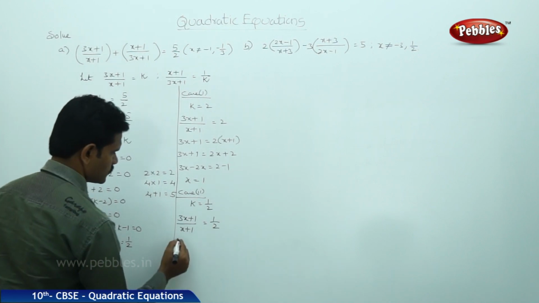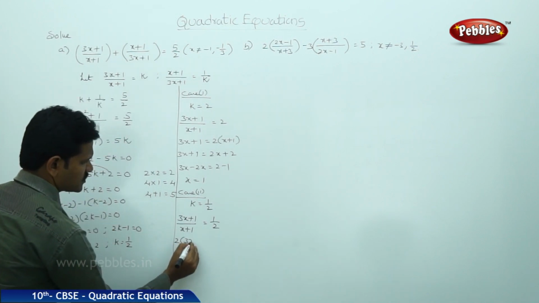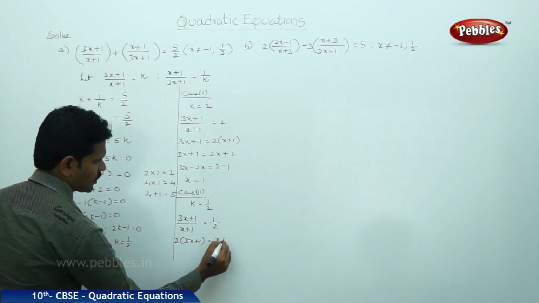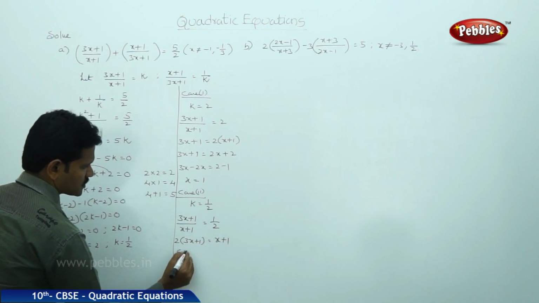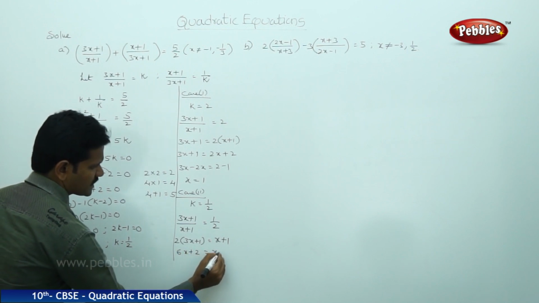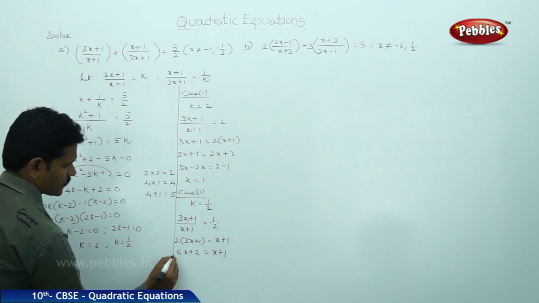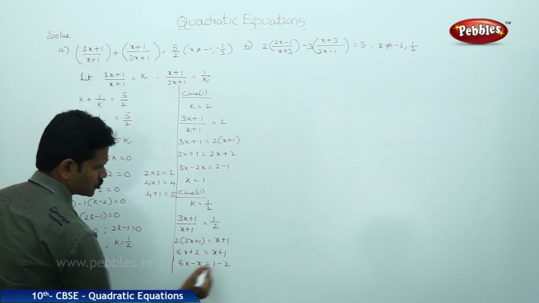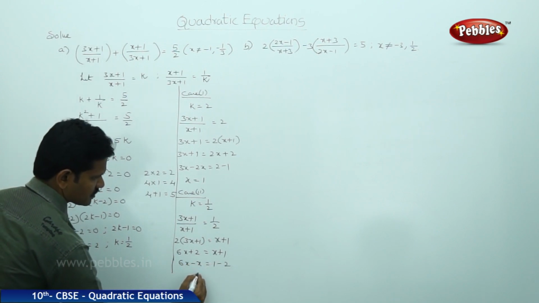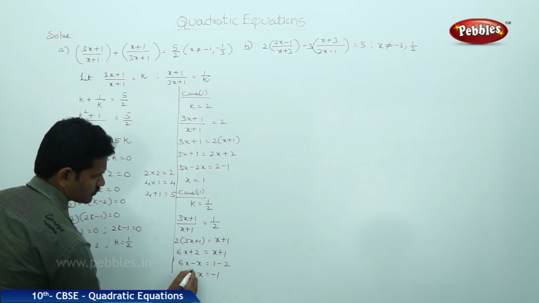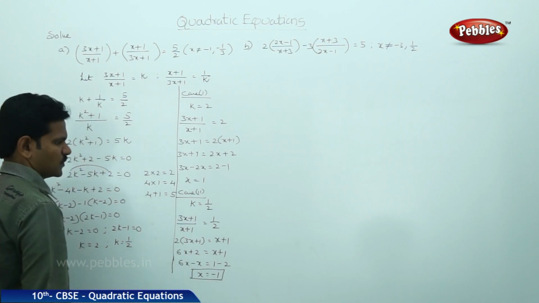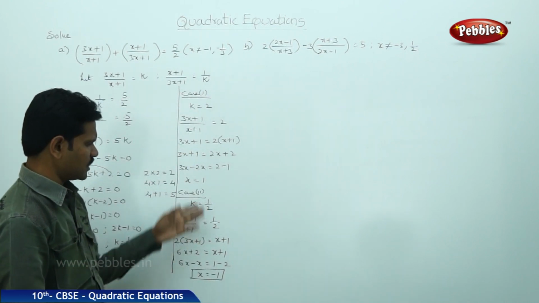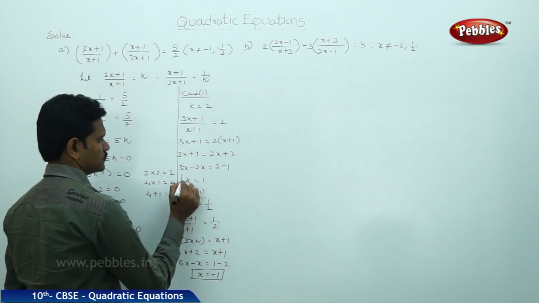Cross multiplication. 2 times of 3x plus 1 is equal to x plus 1. 6x plus 2 is equal to x plus 1. 6x minus x is equal to 1 minus 2. That is, x is equal to minus 1. Therefore, the values of x are 1 and minus 1.